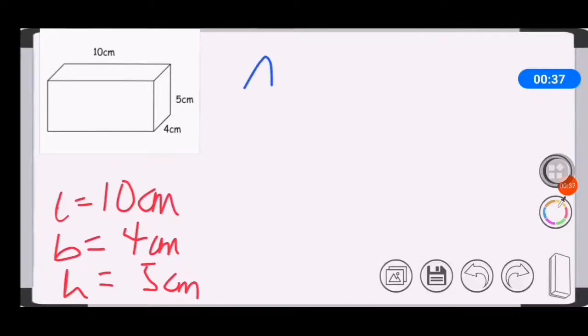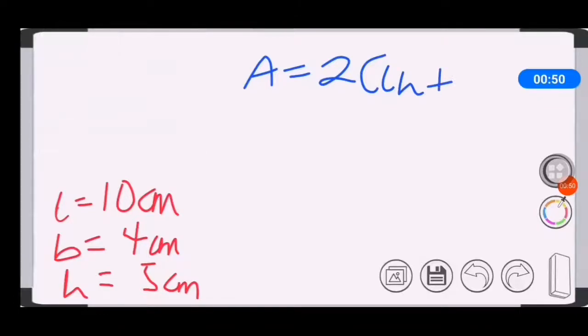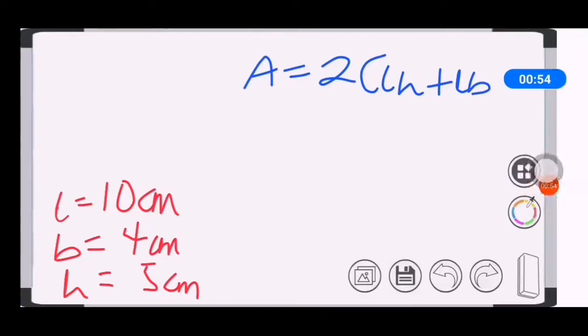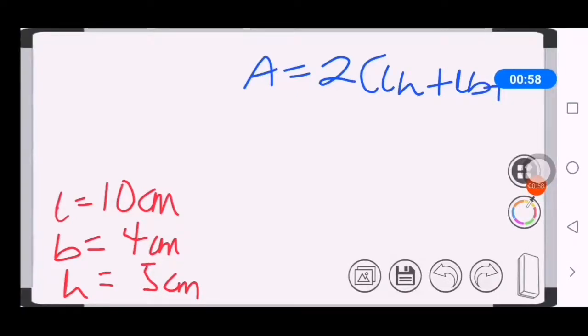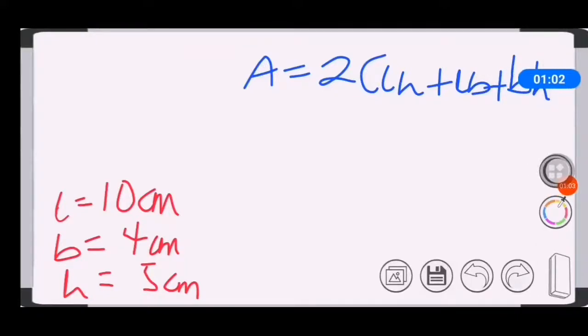So the surface area should be 2 times the area of the length multiplied by the height, plus the length multiplied by the breadth, added to the breadth multiplied by the height, like this.